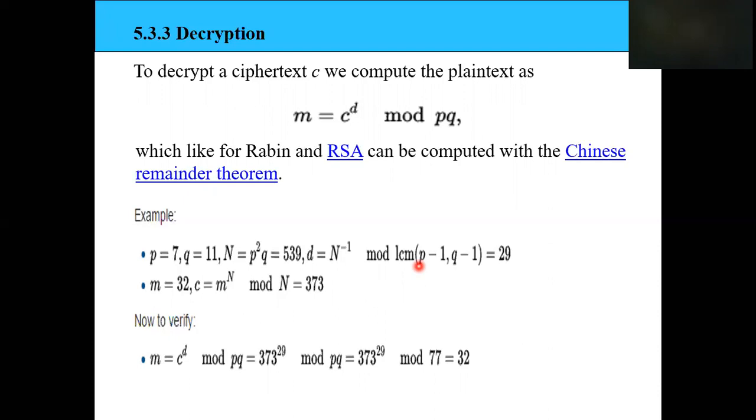The LCM of 6 and 10 is 30. In that case, you take the inverse and then mod it with 30, and you get 29.